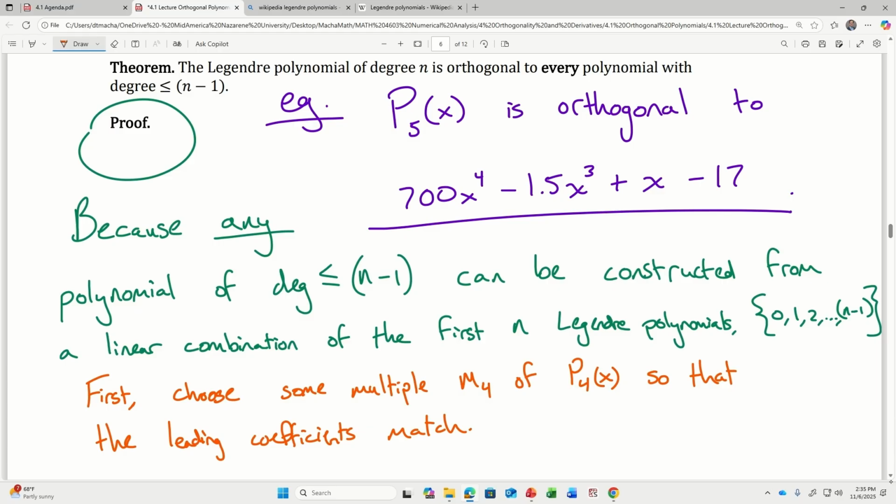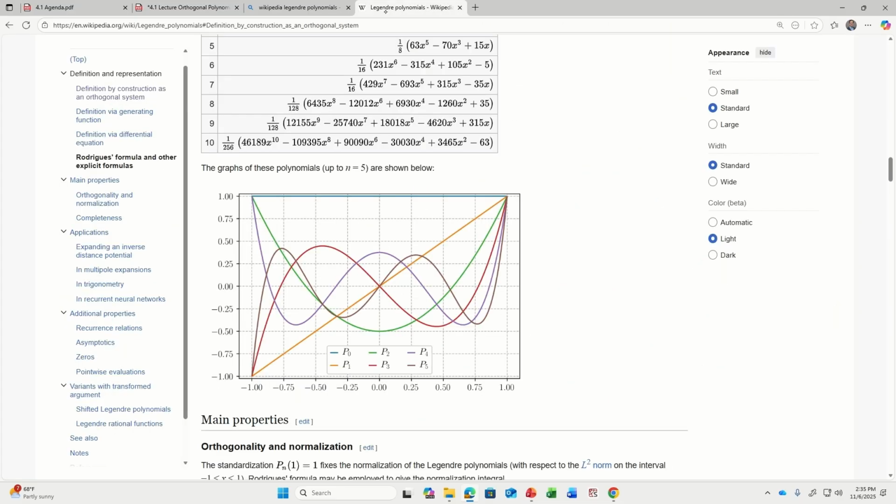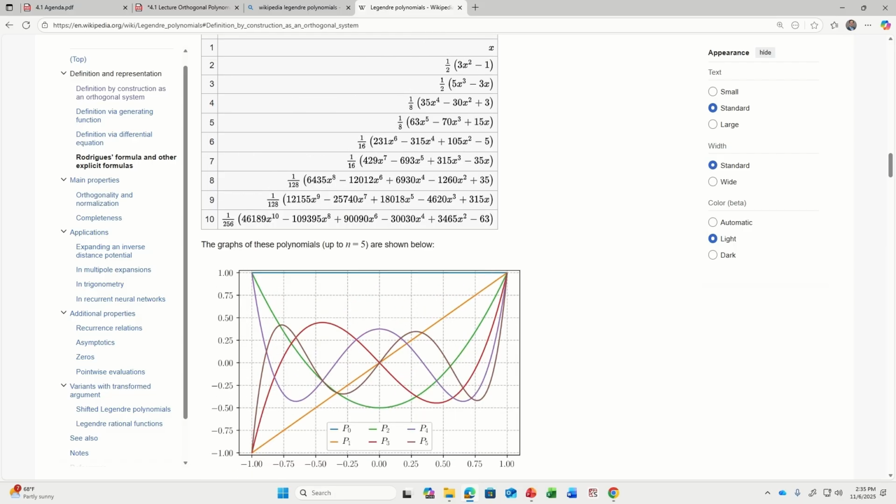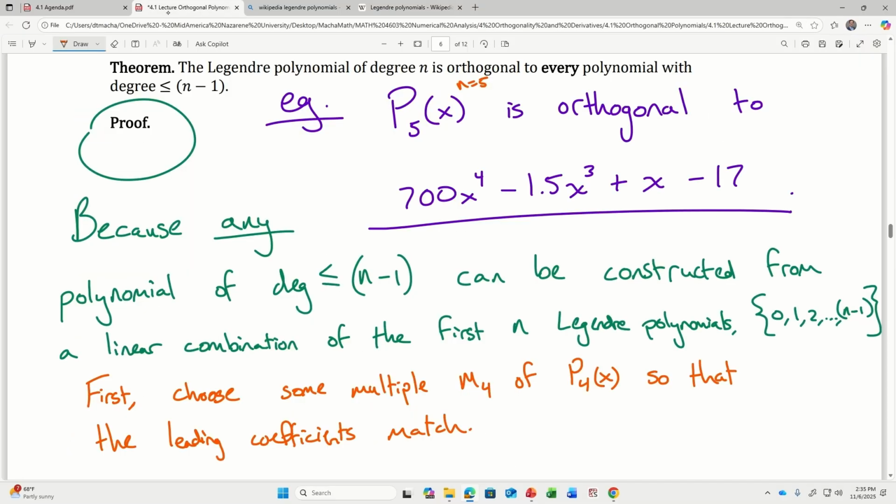In our case, in our little example, where n is equal to 5, what I would do is look at the 4th degree Legendre polynomial, and I would say that leading coefficient is 35/8. Okay? 35/8. And what I want the leading coefficient to be is 700, right?